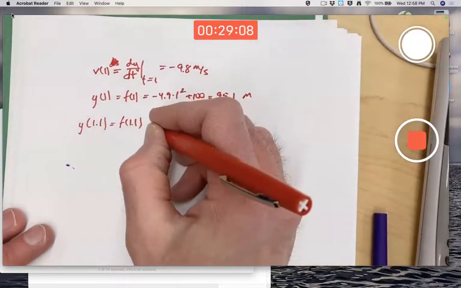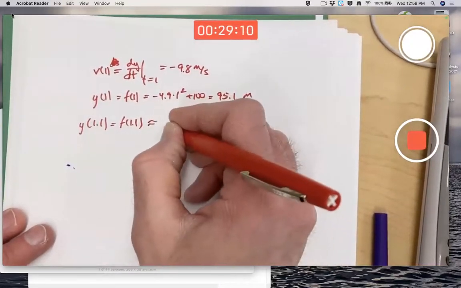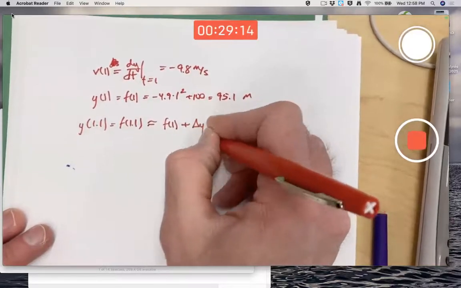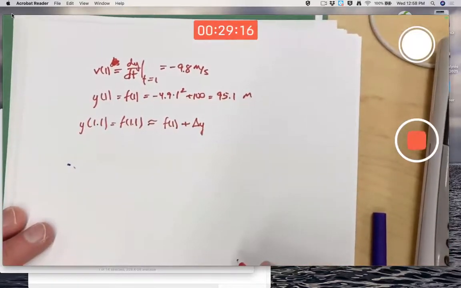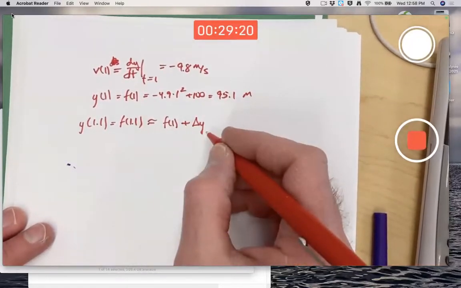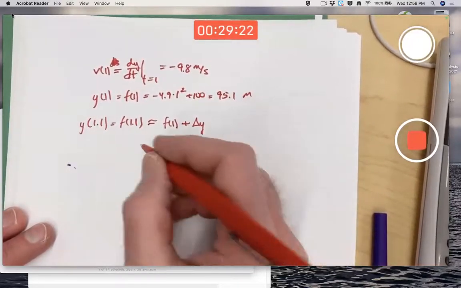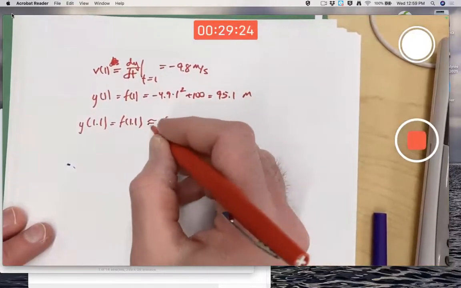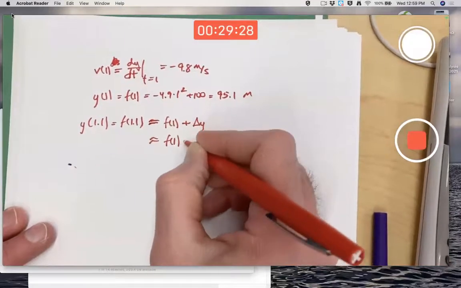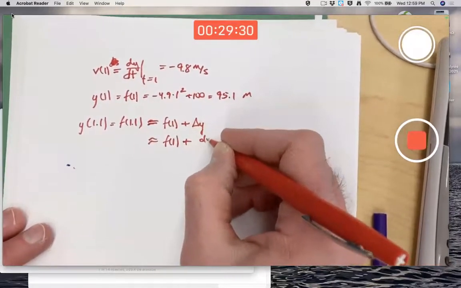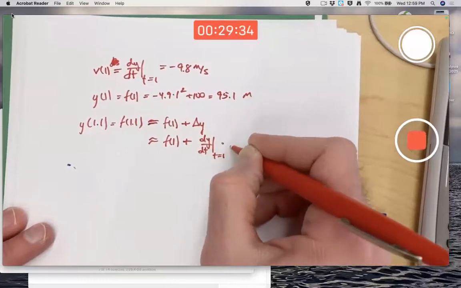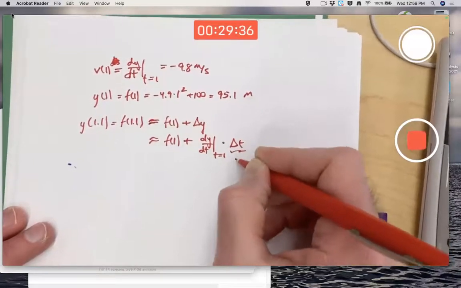I could say this is approximately f of 1 plus the change in y, the height at time 1 plus how much y changes over the small time interval. Well, I can say that's approximately f of 1 plus the derivative dy/dt evaluated at 1 times the change in time, which is 0.1.